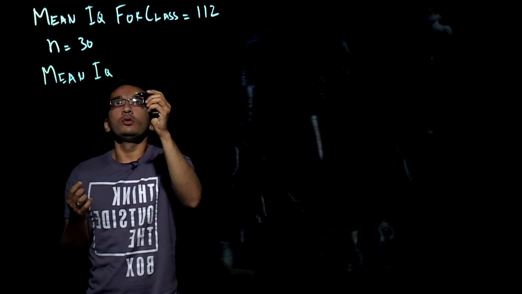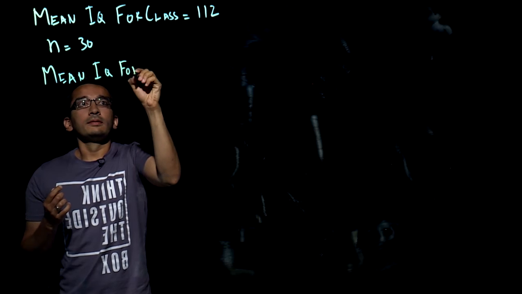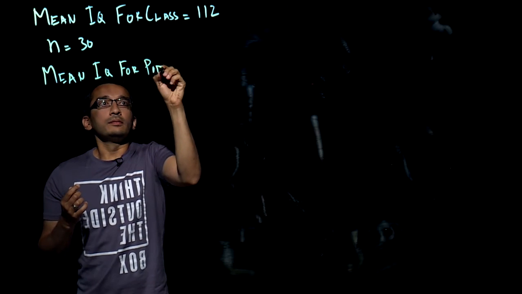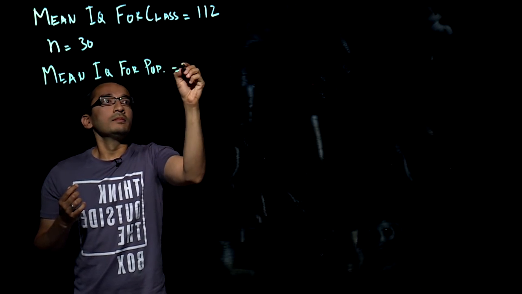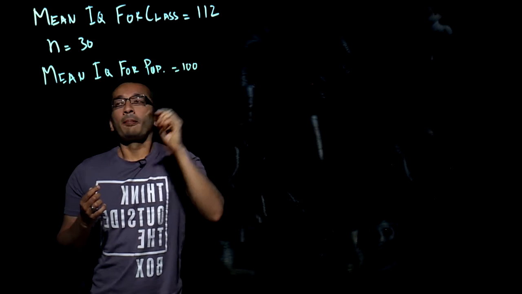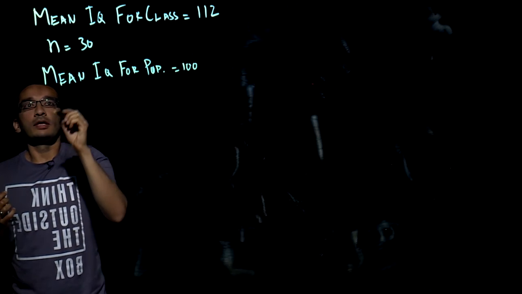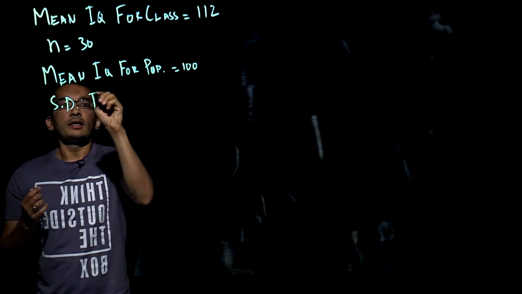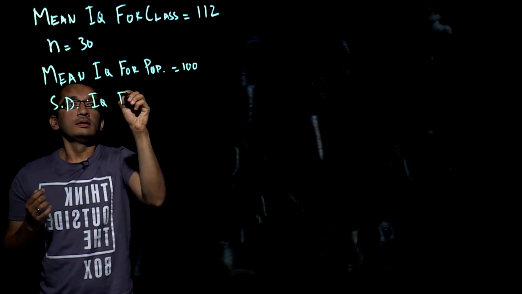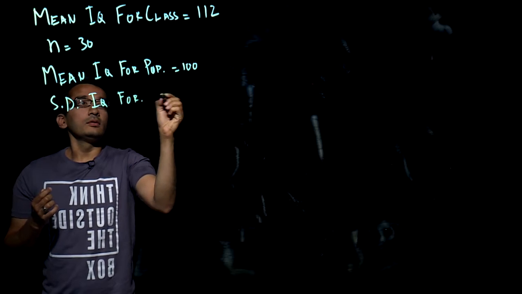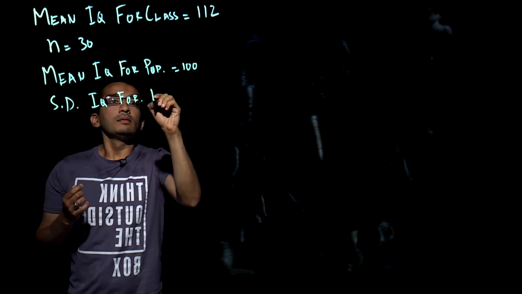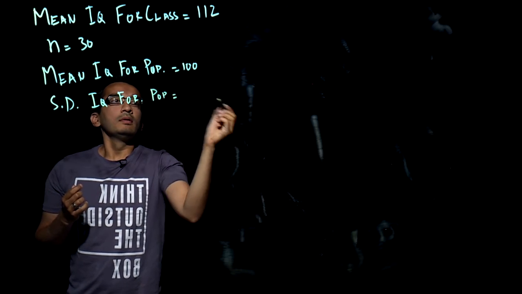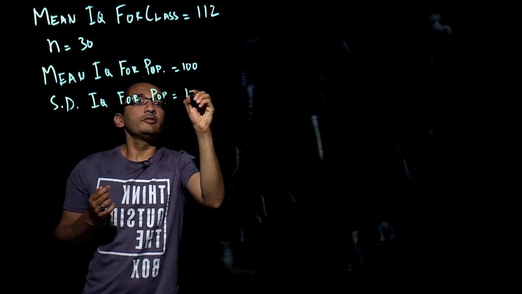So the mean IQ for the population is equal to 100. And let's also assume that we know the standard deviation of the IQ scores for the population, and that is equal to 15.